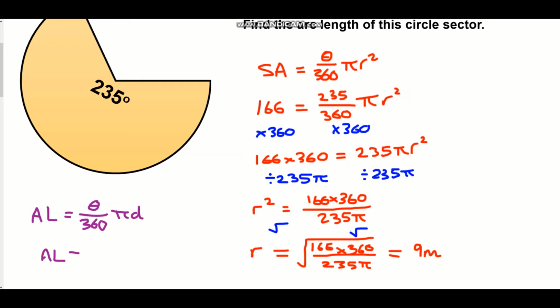Arc length is equal to 235 over 360 pi times by my diameter. My radius is 9, so my diameter is 18.